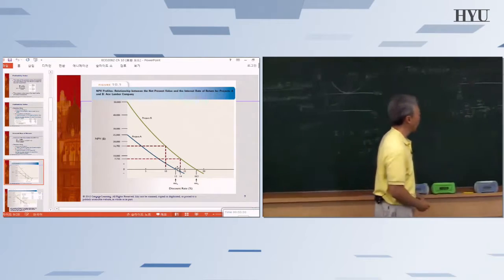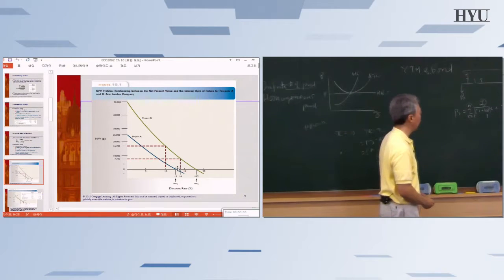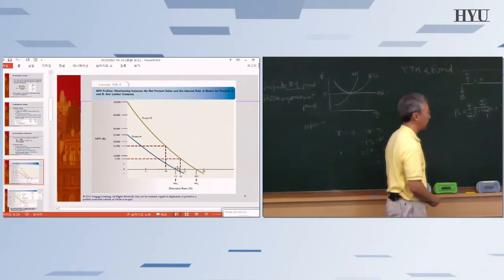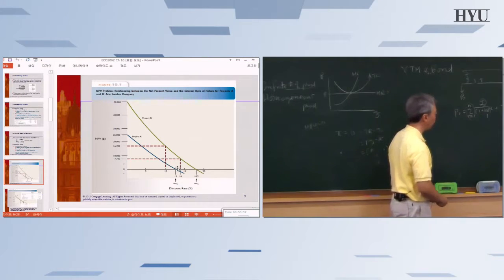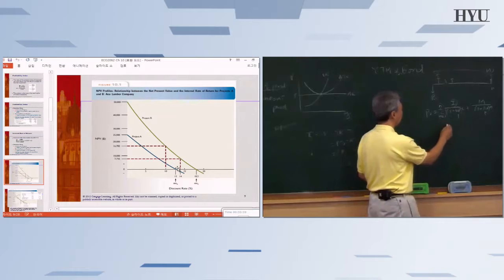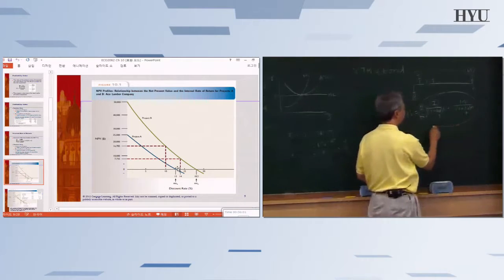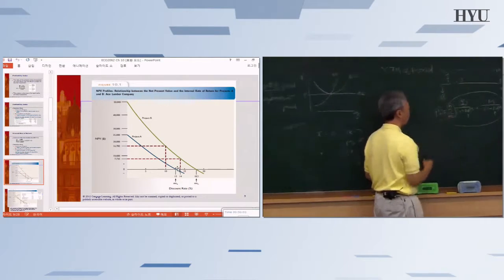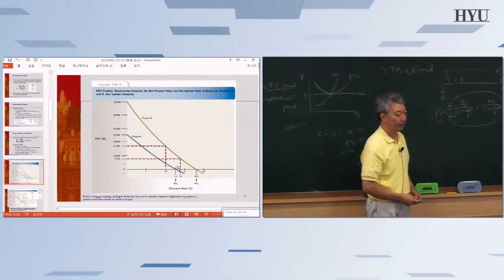If you want to calculate the internal rate of return, that's the rate of return or discount rate which makes the right-hand side equal to the left-hand side. Okay?